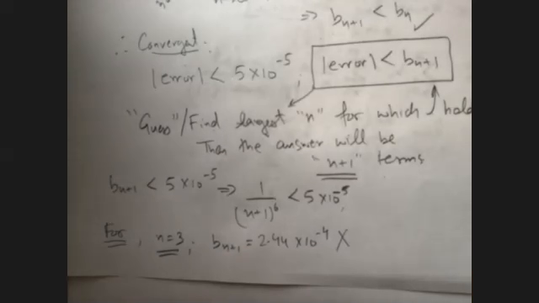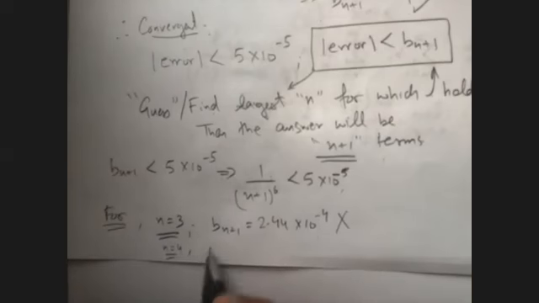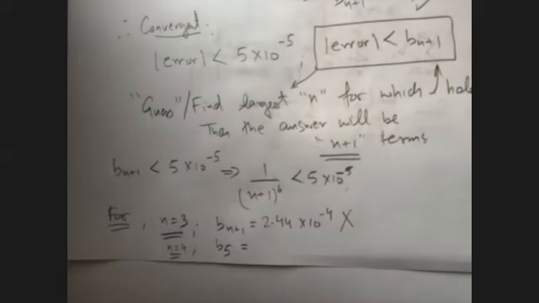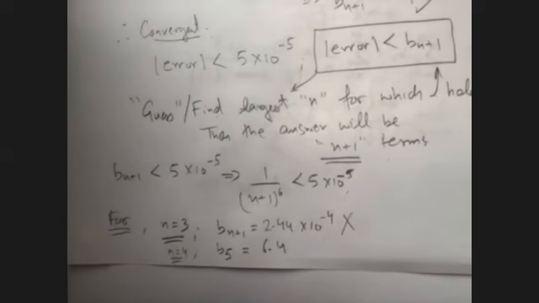Now let's see what happens when n is 4. So B5 turns out to be this.